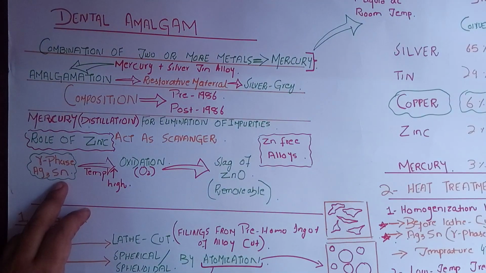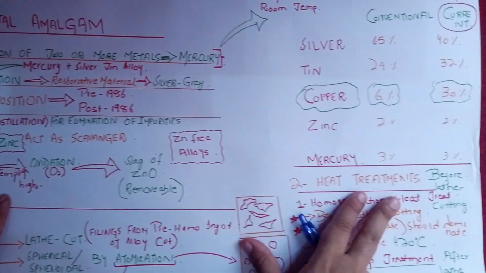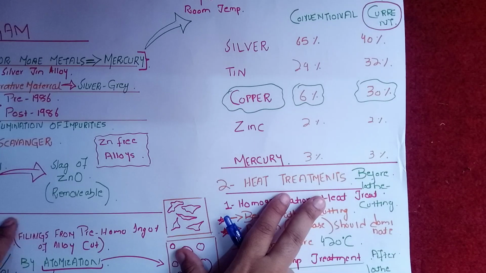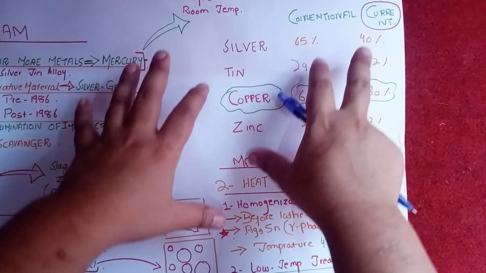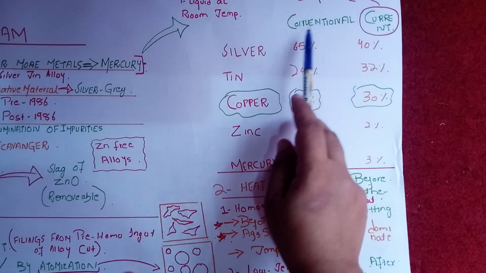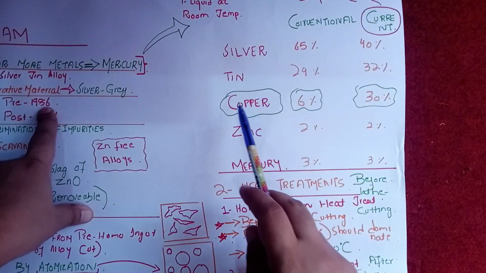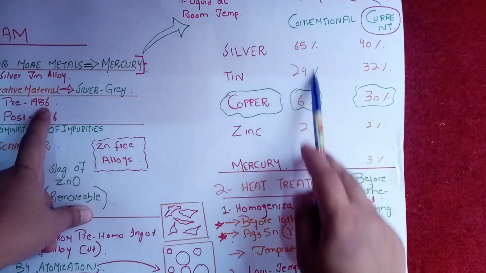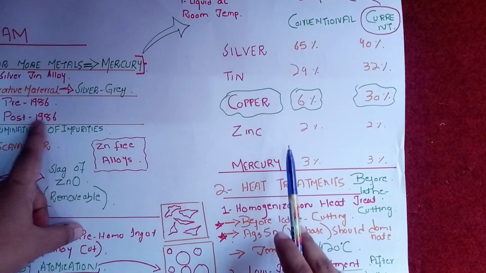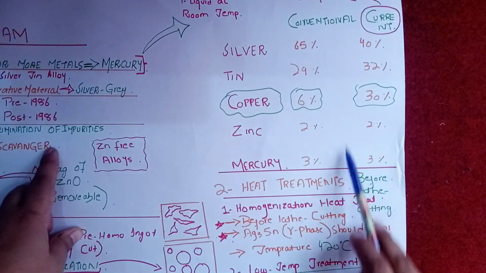Now I will explain the composition of the dental amalgam. Dental amalgam is of two types: pre 1986, which is known as the conventional amalgam, and post 1986, which is used currently, known as the current amalgam.